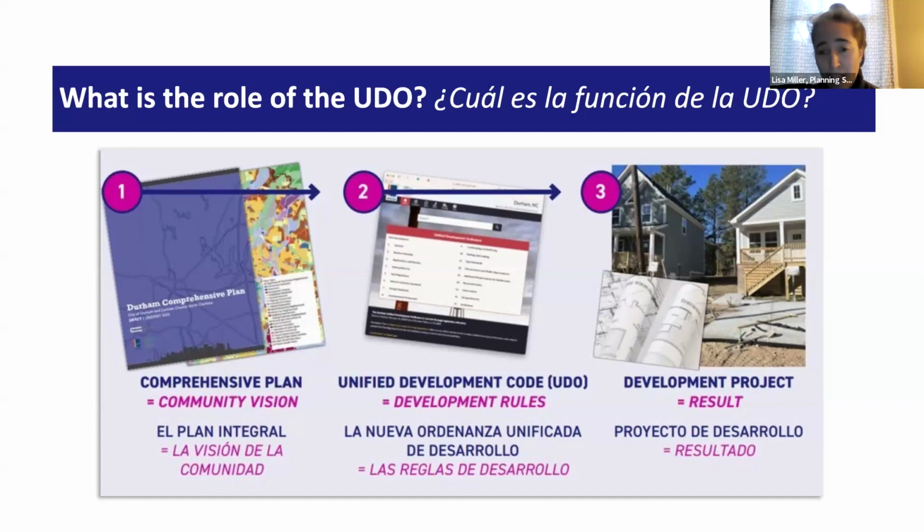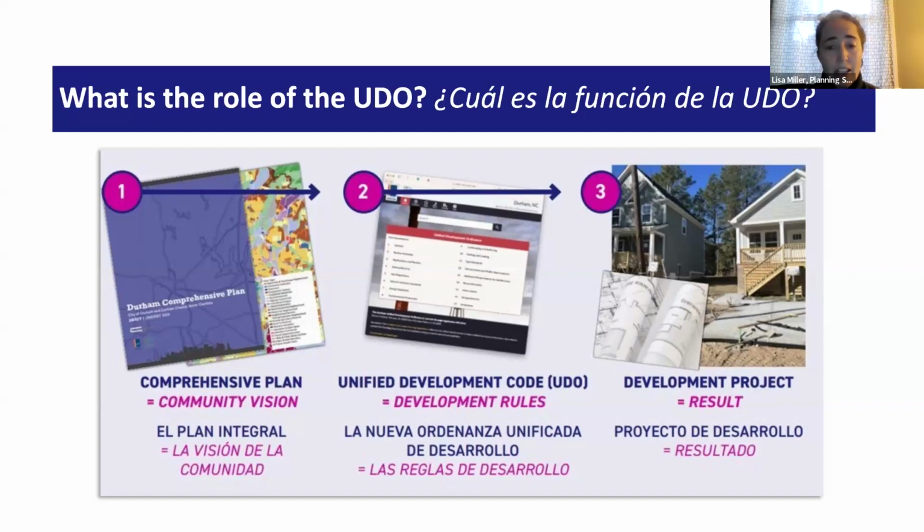The Unified Development Ordinance is our development rules or laws, also called regulations. This is a set of rules and regulations that control the development of buildings and land in Durham, both the city and the county. It's called Unified because it includes rules both related to the subdivision of land as well as zoning rules, which regulate how land is used, as well as things like the shape and size of buildings.